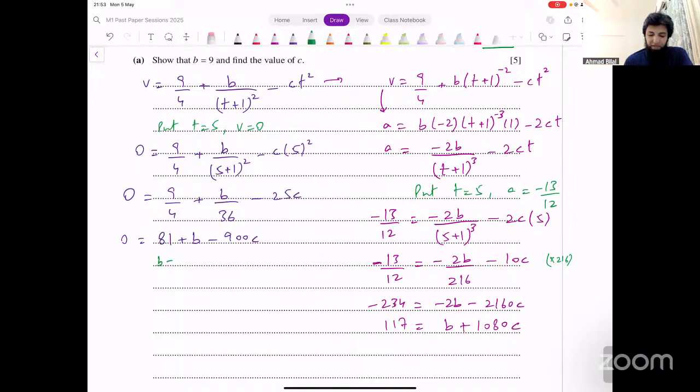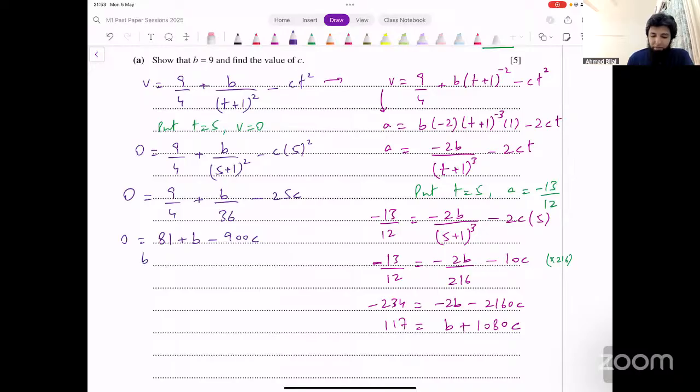Put b equals 9 here and put b equals 9 here. If both of them are giving you the same value for c, number one, it confirms that b is equal to 9 indeed, and it also gives the value of c. So that will make it slightly quicker. That's something that you do when they ask you to verify something generally, we say. So if you do have time, then the better idea is to solve it like you would normally do.